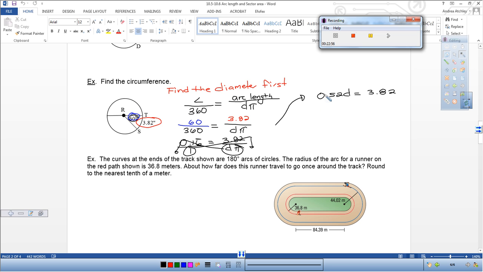Okay, now leave that number in your calculator. You want to divide both sides by that 0.52 and that big long number. How do you do that? You're going to type 3.82 into your calculator, hit divided by, and then somewhere on your calculator you have the word answer. Find that.